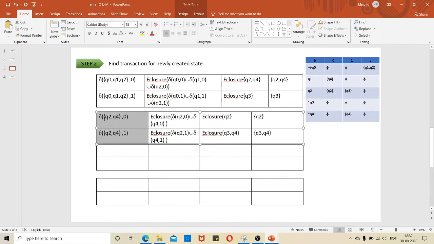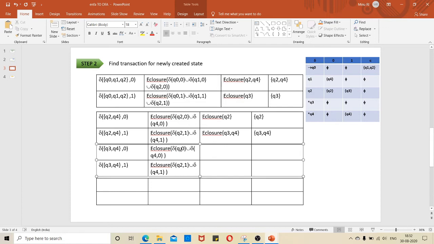So yes, you may ask, when should I stop? Until you are not getting any new state, you have to do this again and again, iteratively. So for Q3, comma Q4, here again, same way, I need to find. Let me copy paste it. Instead of 2, here I'm going to write 3. Epsilon closure of Q3, Q4 with respect to 0 is phi, so I don't need an epsilon closure at all.